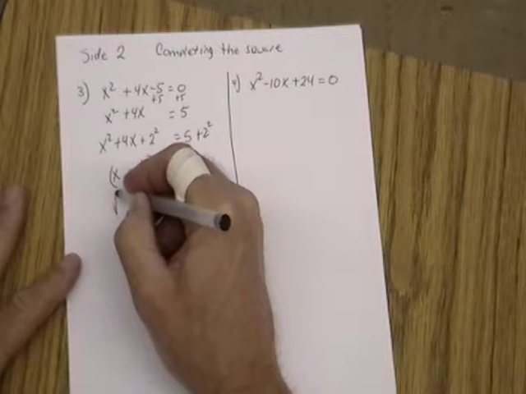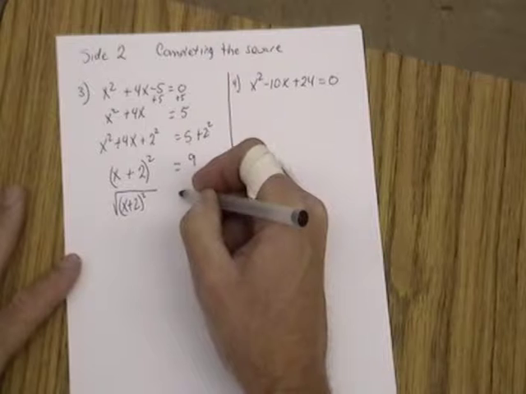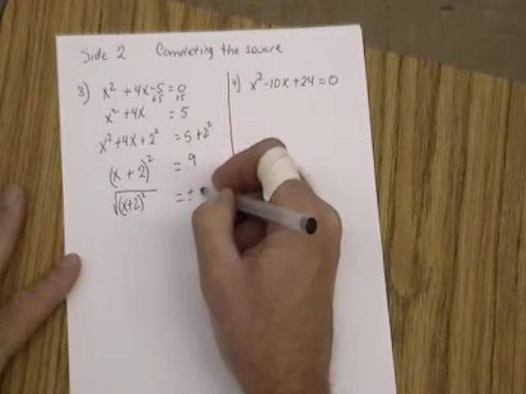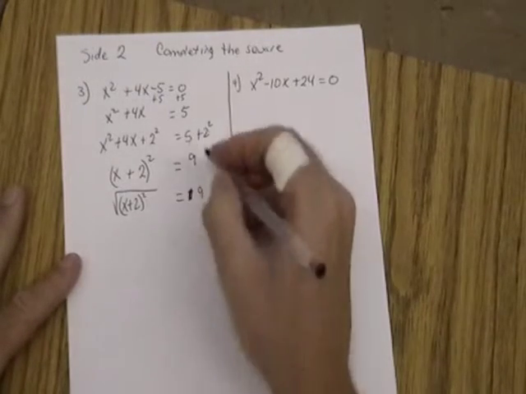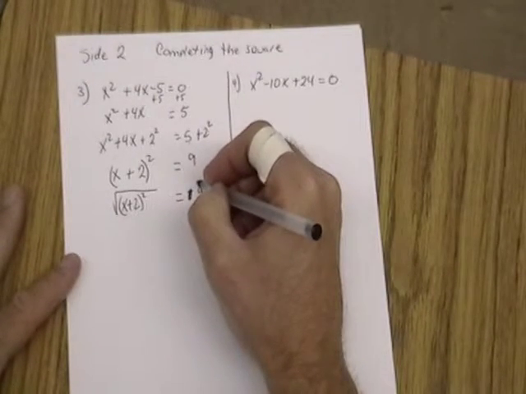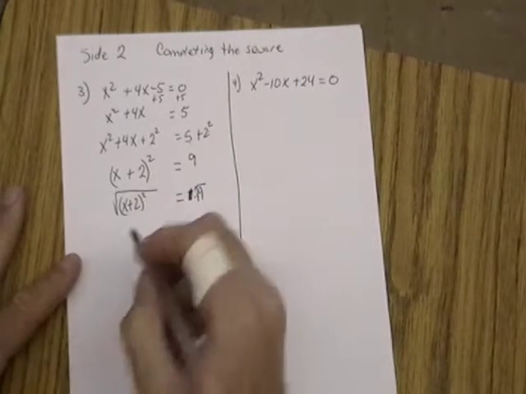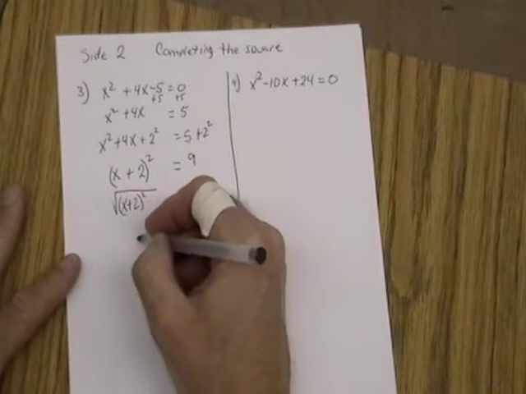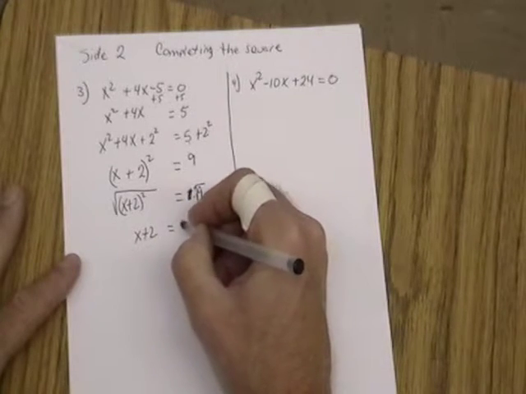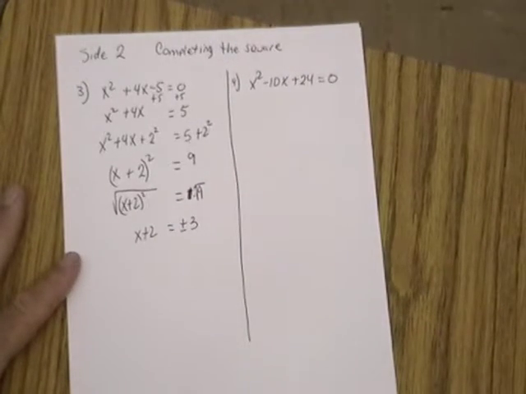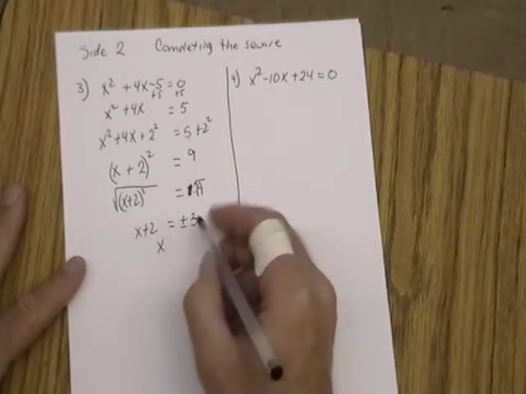And then we're going to take the square root of both sides. And so this is actually going to be plus or minus the square root of 9. And so we are going to then end up with x plus 2 equals plus or minus 3. And so we get x by itself by subtracting 2 from both sides.